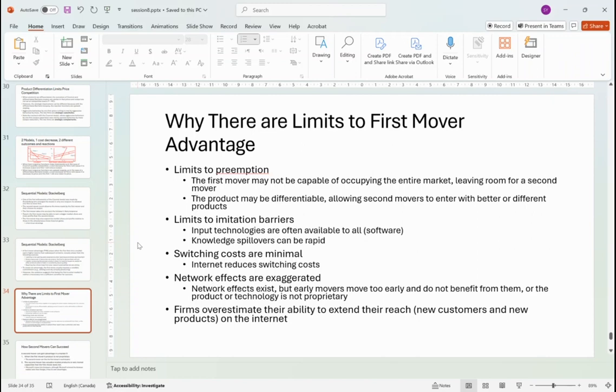Or sometimes firms overestimate their ability to extend their reach on the internet, right? So that means, again, being a first mover doesn't matter that much, and new customers and new products can be found on the internet easily.